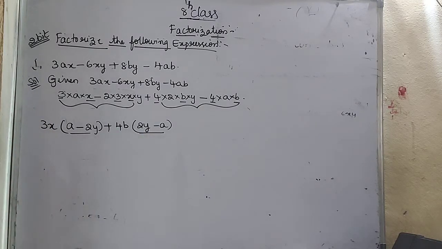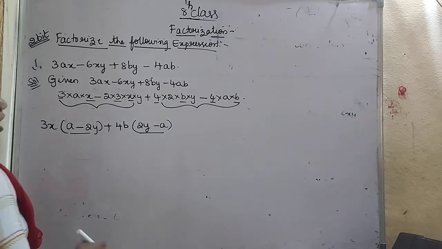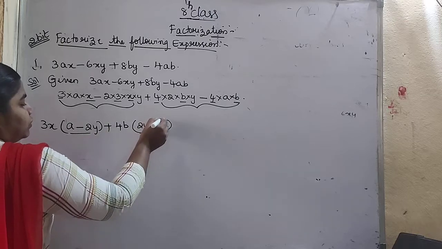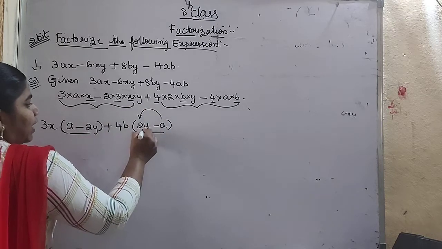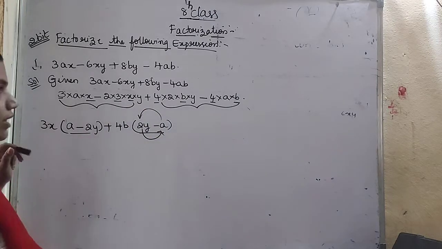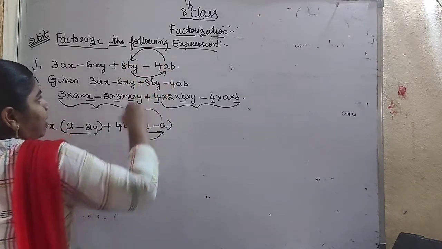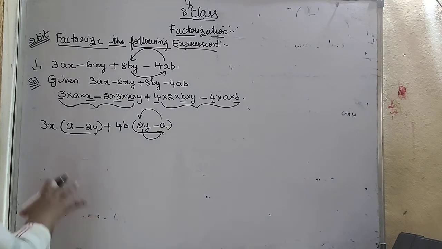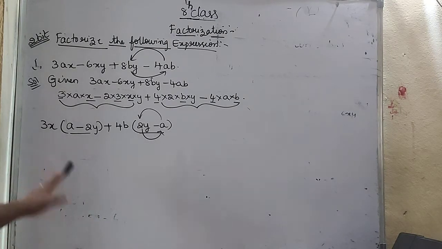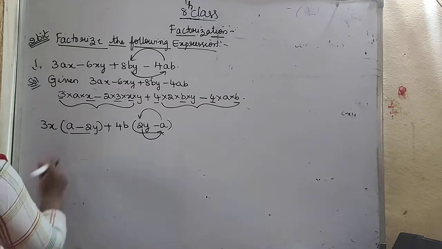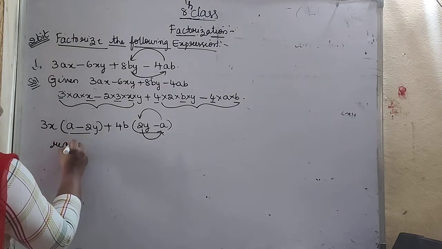So what will I do now? I will shuffle the terms. For getting a minus 2y, I should shuffle this to this side, and this to the other side. In the same way in the question I have to shuffle this to this side, and this one to the other side. Remaining terms I will write as it is, and now we will see whether we get a common factor or not.